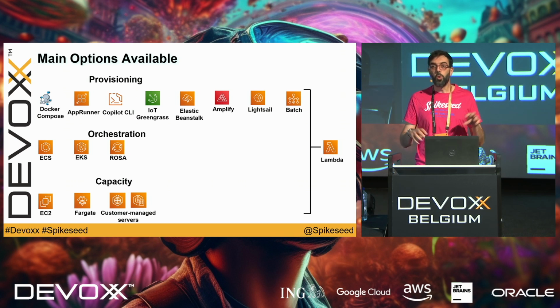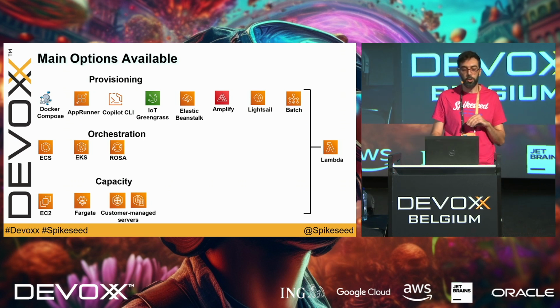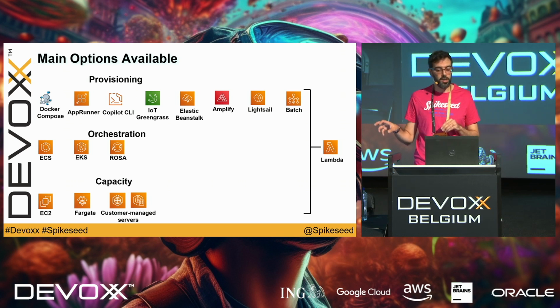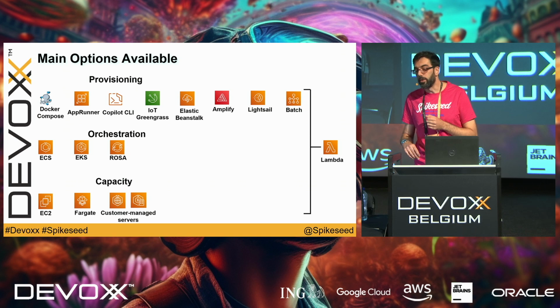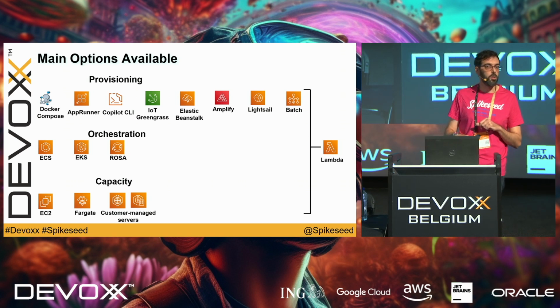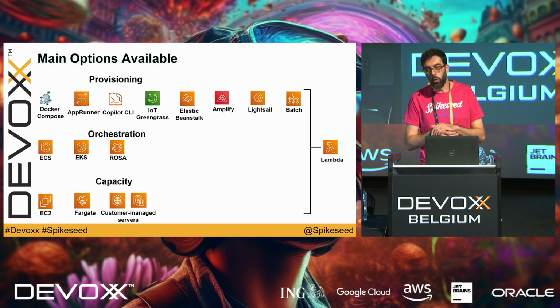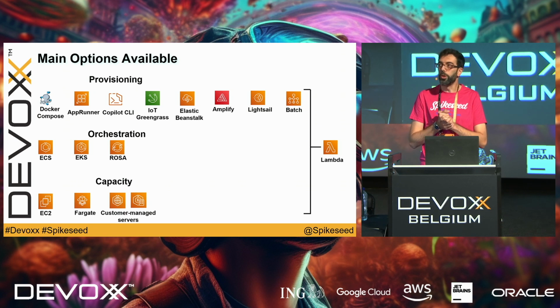For orchestration, we have the two that we've seen before, ECS, Elastic Container Service, Amazon proprietary distribution, and EKS, Kubernetes under the hood. And then we have ROSA, which is nothing else than Red Hat OpenShift on Amazon. So for those of you who use OpenShift on-prem, perhaps, and want to port it to the Amazon cloud.